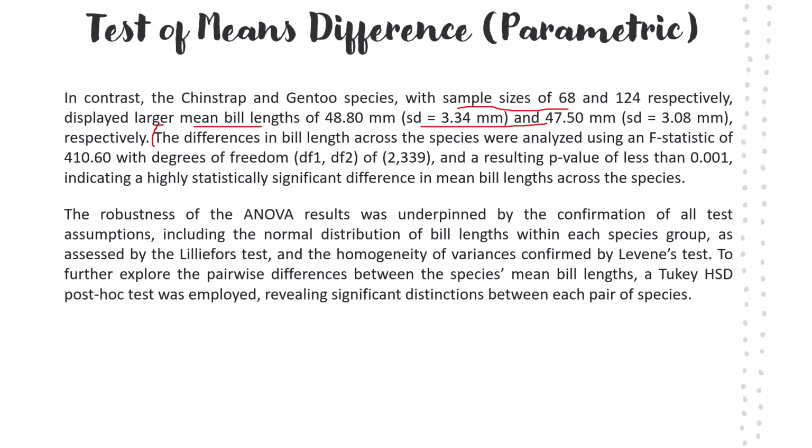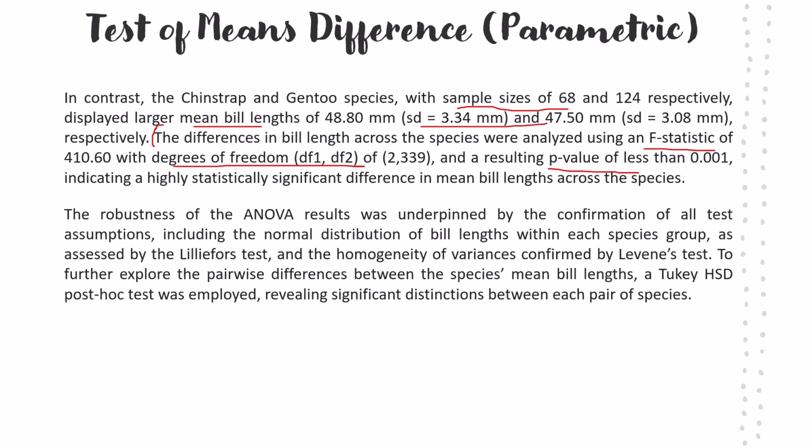We need to explain the value of the F statistic with the degrees of freedom here, and then explain the value of the p-value, whether the p-value is less than 0.001, based on your cut-off point. So this is how to interpret your result.